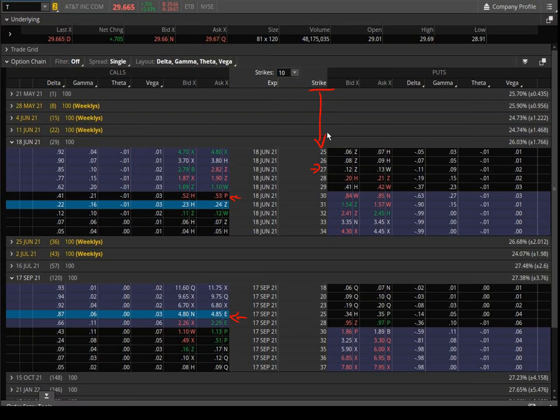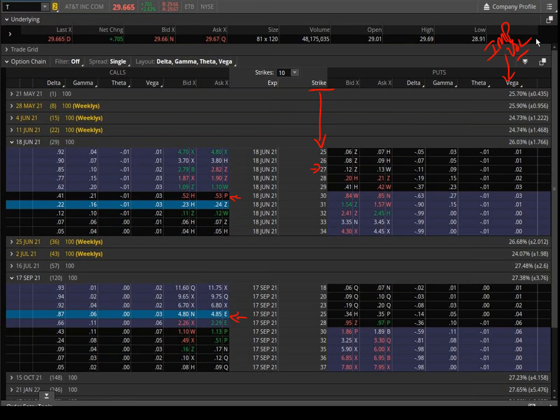So this is the premium associated to the strike. But we need to look at Vega, and that is just implied volatility.